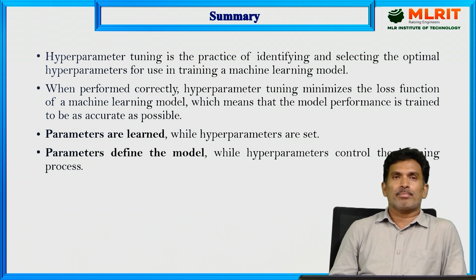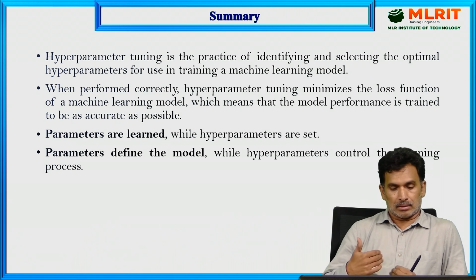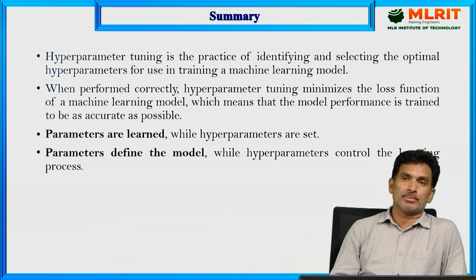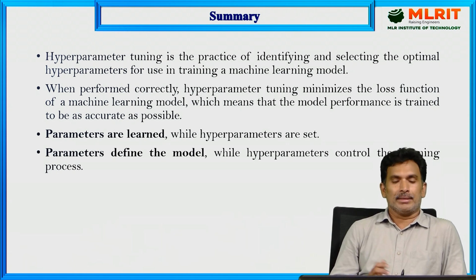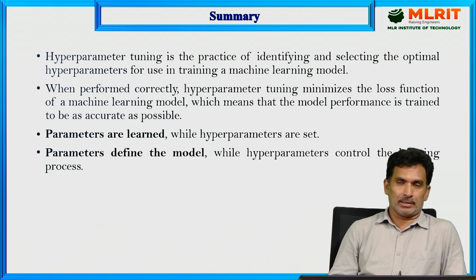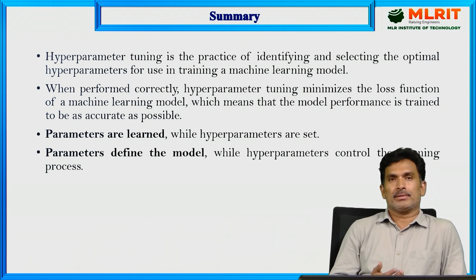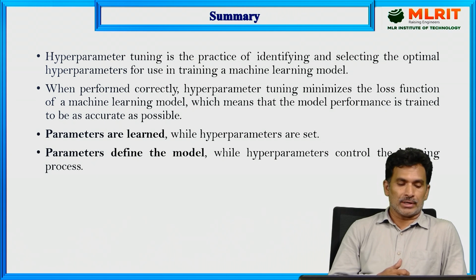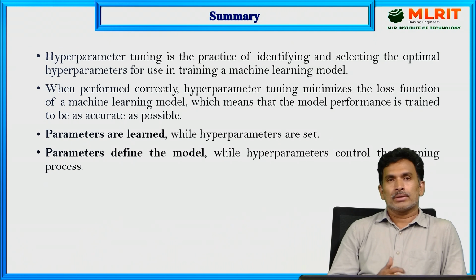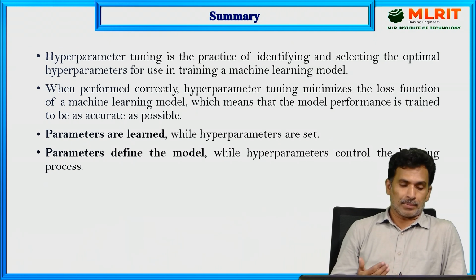When hyperparameter tuning is performed correctly, it minimizes the loss function. Once you identify the best set of hyperparameters, those hyperparameters minimize the loss function of our model, which means the model performance is trained to be as accurate as possible.